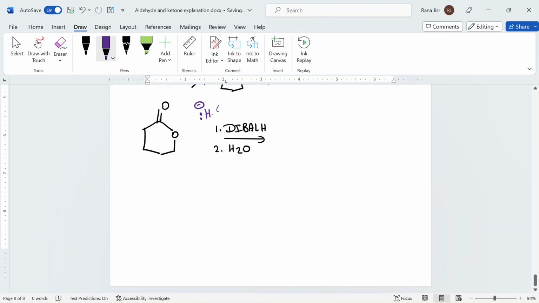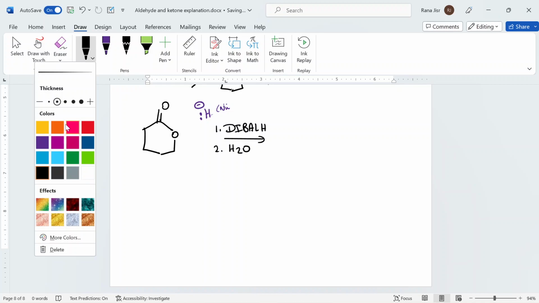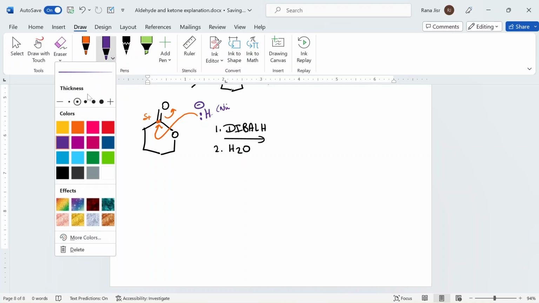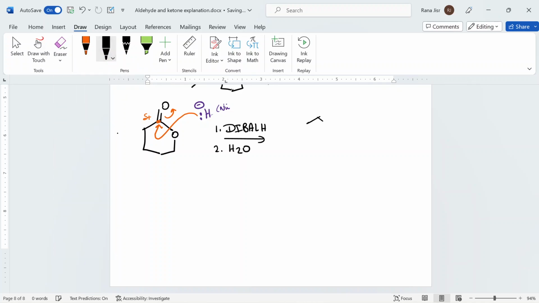This is my nucleophile. So that nucleophile is going to come and attack the partial positive carbon. The nucleophile attacks the partial positive carbon, forming a negative charge on the oxygen. Make sure you draw your arrows right. So when this happens, I still didn't break any bond in there.